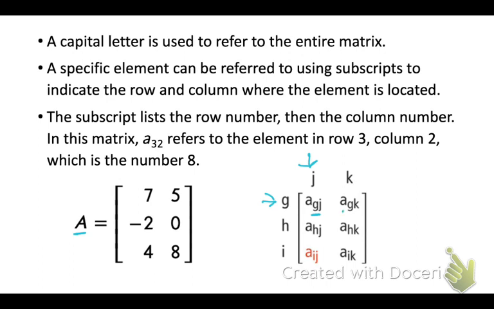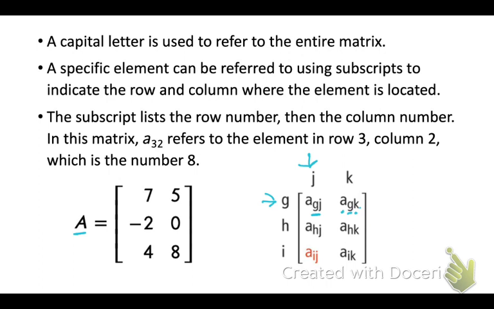So this element here is A, G, K, because it's row G, column K. Rows always come before columns. Think about if I were to construct a building. Even if I want to construct a column, don't I have to start at the bottom? So my rows stacked make my columns. So it's always rows first, then columns.